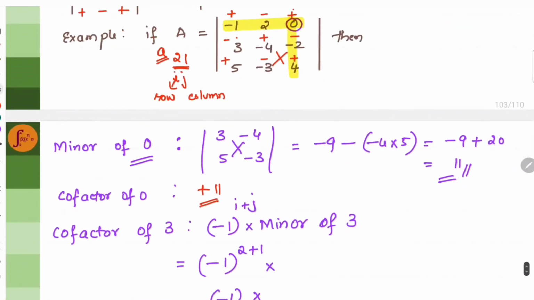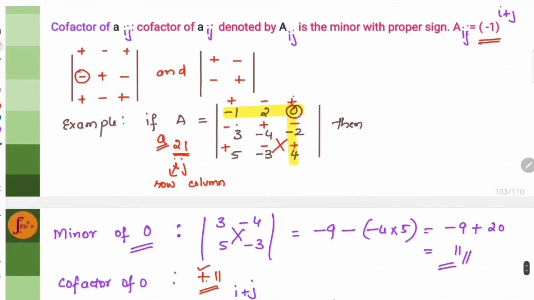We also found the cofactor of 0 here, right? Cofactor of 0 is plus 11. How did we get plus? Because 0 has a plus sign here. But how did we know that this is a plus? It is using this formula, minus 1 to the power i plus j. Now 0 is in which position? 0 is in first row, that is i is equal to 1. Third column, j is equal to 3. So this becomes minus 1 to the power 1 plus 3, which is minus 1 to the power 4.